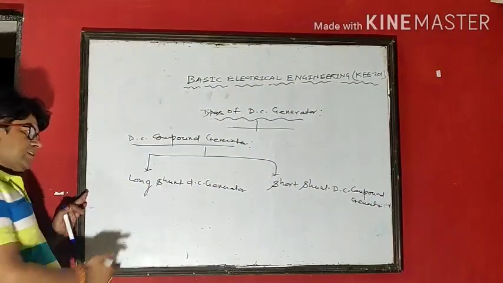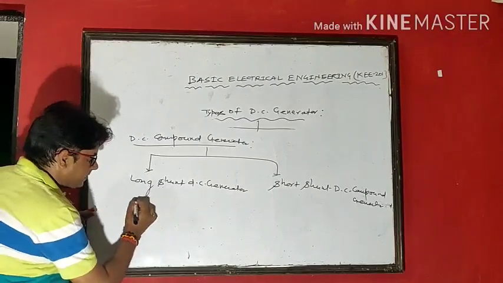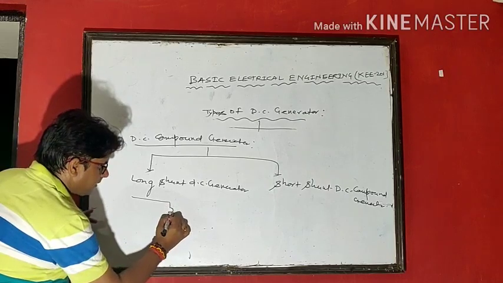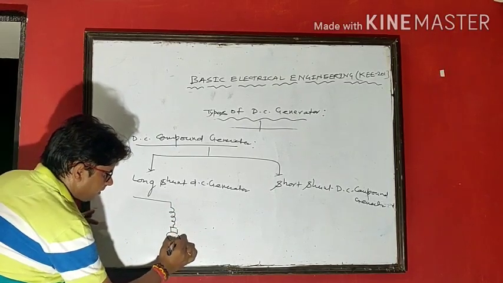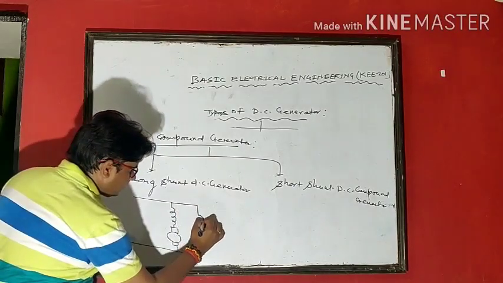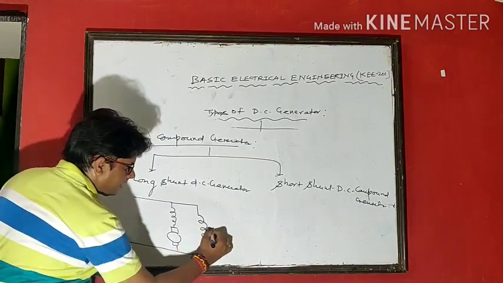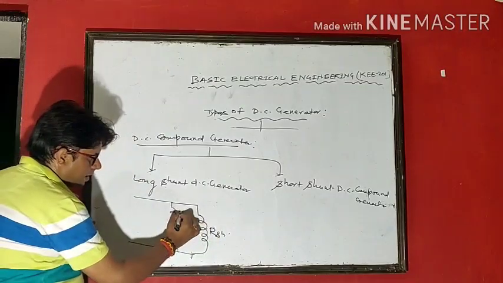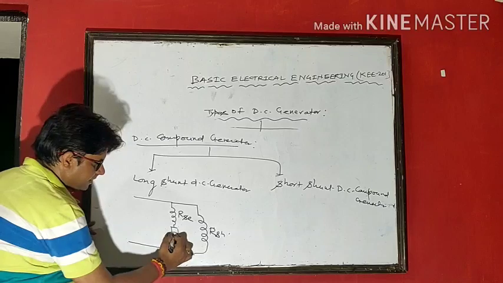In long shunt, when an external resistance is connected in the armature circuit, here we connect an external resistance with the armature, and this is your shunt, that is RSH, and this is your RSE, because it is in series with the armature.